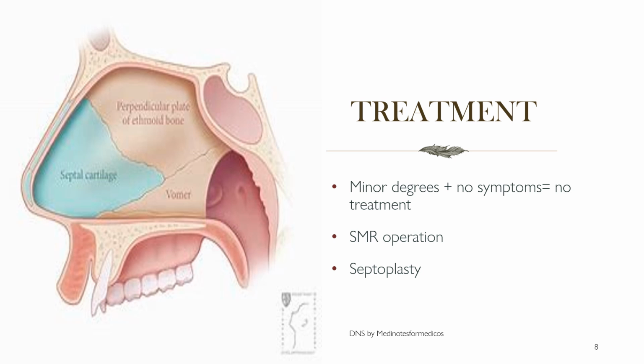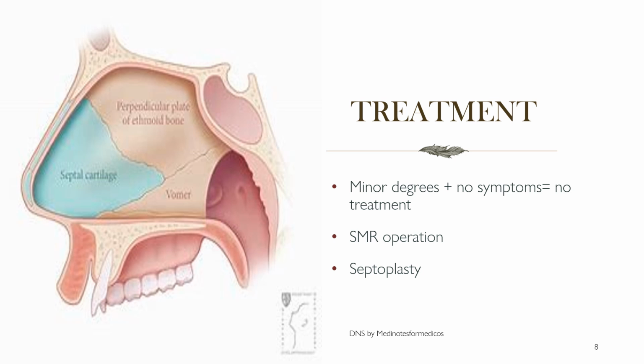However, if minor degrees also cause symptoms like what we have seen in the previous slide, then we have to go for either SMR operation or the septoplasty. Usually the SMR operation is done under local anesthesia, by removal of the deflected parts of the bony and cartilaginous septum, and they reposition the flaps.